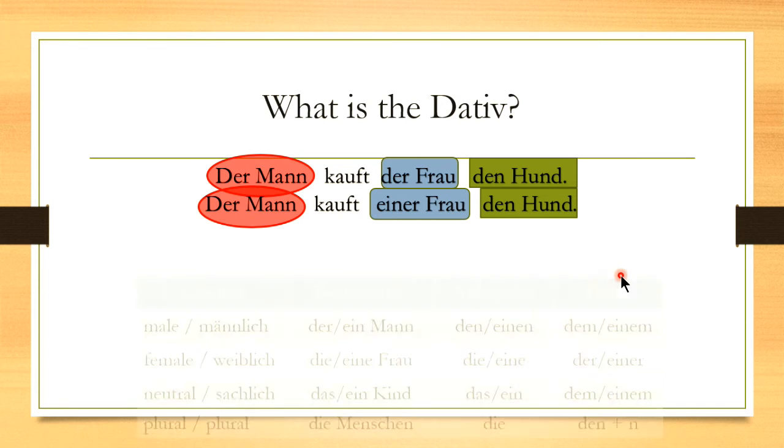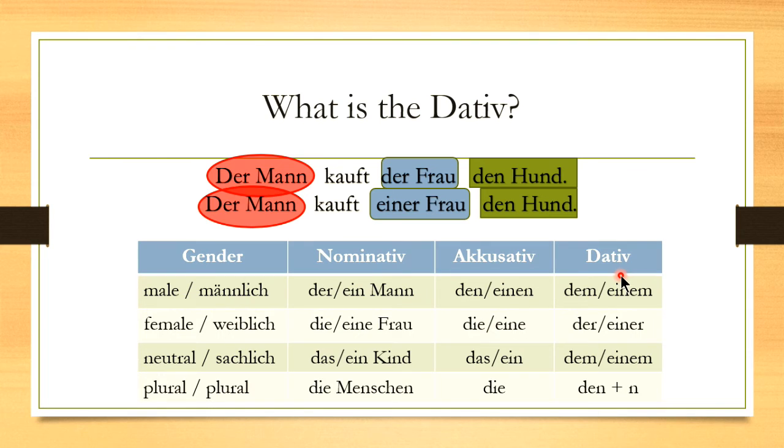All right, so what does that mean for the changes in the articles? Unfortunately for the dative, all of the articles change. I chose the example of the Frau here, which is the female or the weiblich. And as you can see from the Nominativ to the Dativ, it changed from die to der.